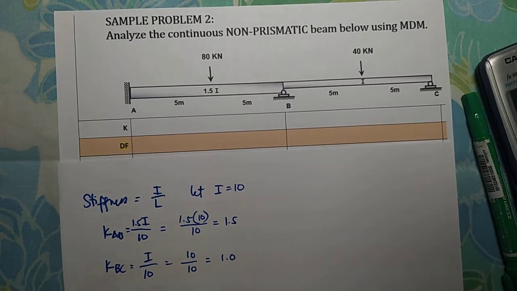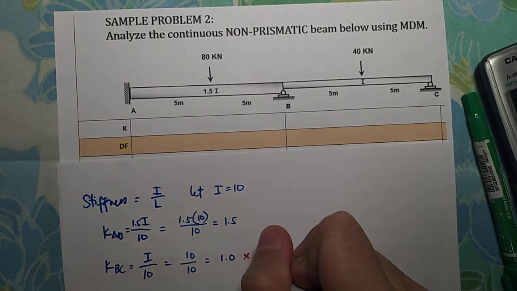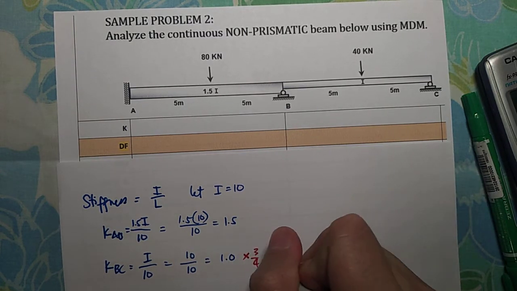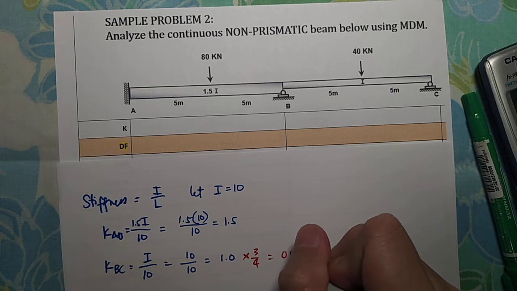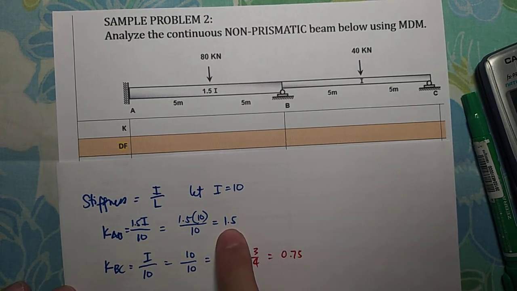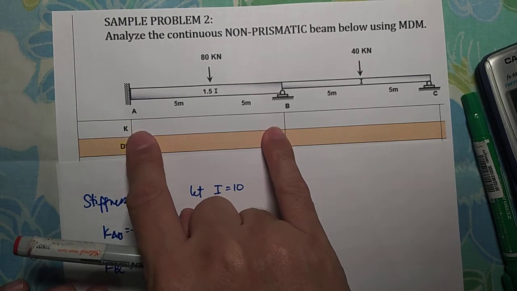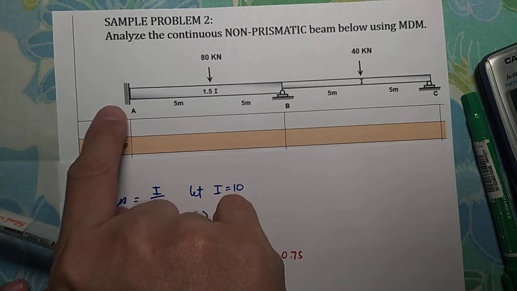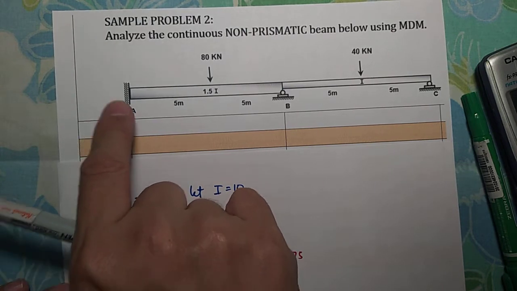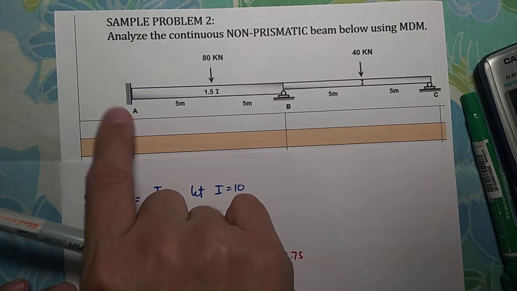So we're going to modify the stiffness on BC, times 3 over 4. So that becomes 3 over 4 or 0.75. Ito, hindi natin i-multiply ng 3/4 kasi hindi naman to modifiable, kasi fix yung support natin dito. Siguro kung roller or hinge din yung point A, we could modify din to.